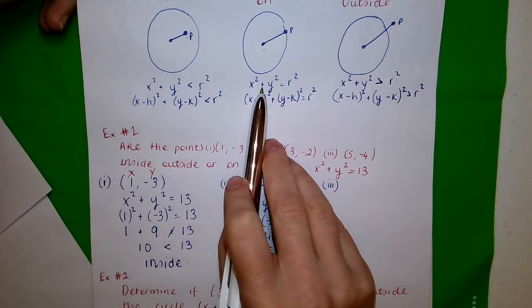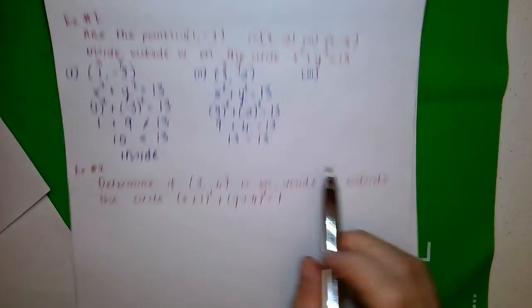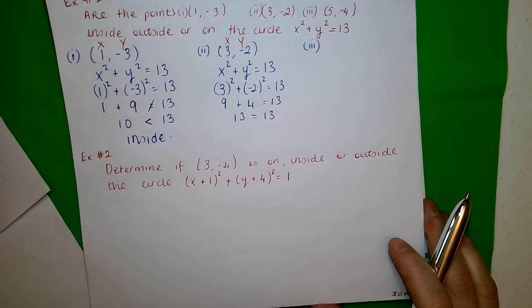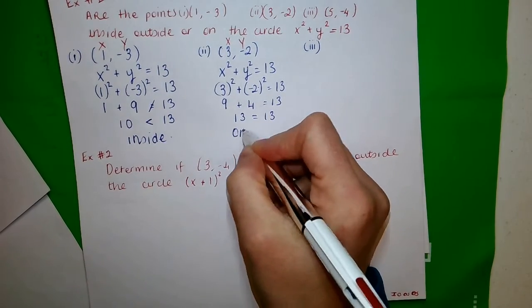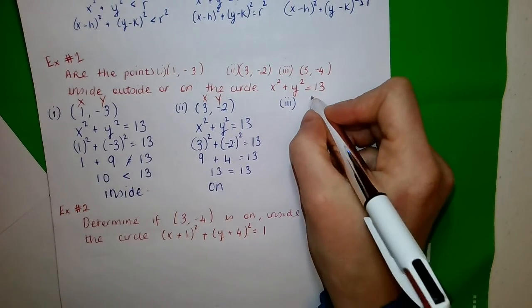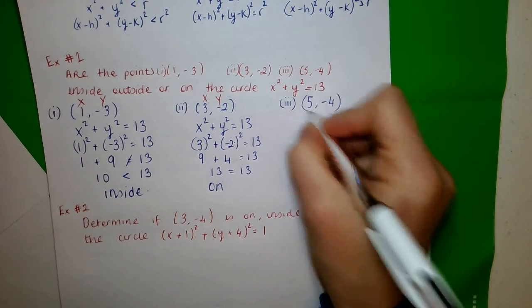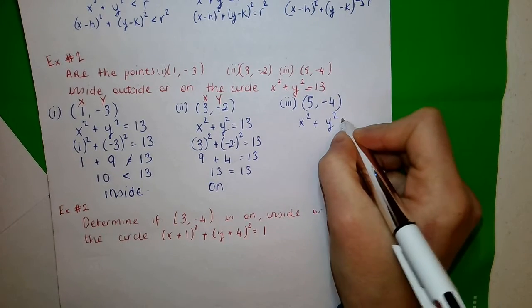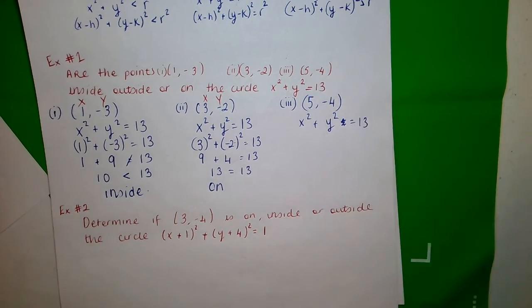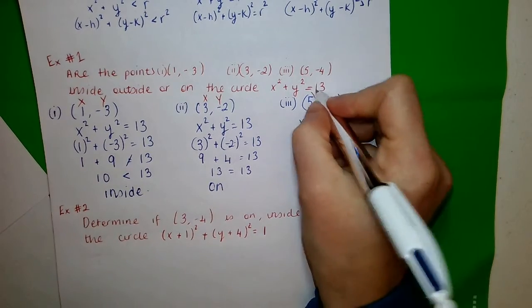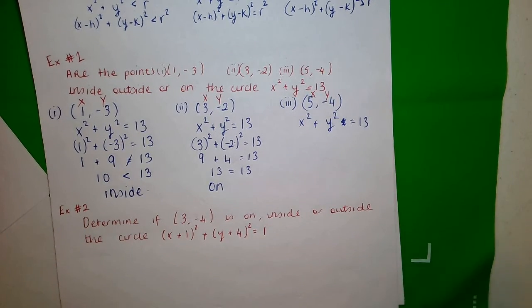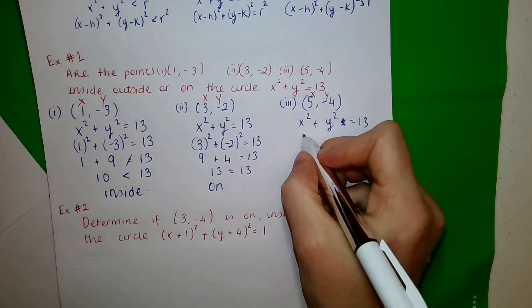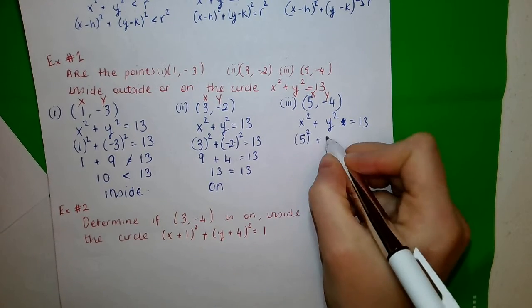Because we have that x squared plus y squared equals the radius squared, this point is on the circle. Lastly, we have the point (5, -4). We're going to check if that is on the circle, x squared plus y squared equals 13. Again, we're going to label x and y, and sub in 5 for x and -4 for y.